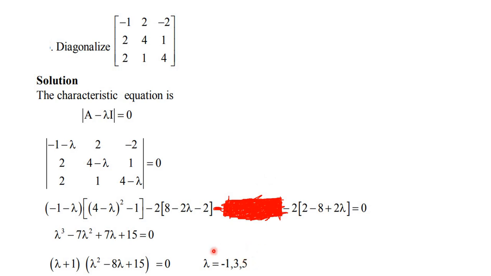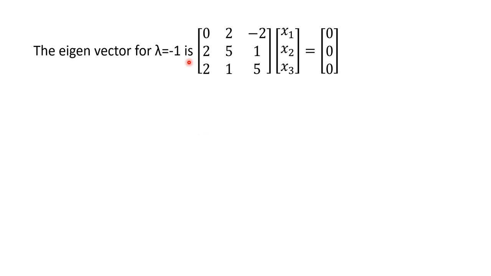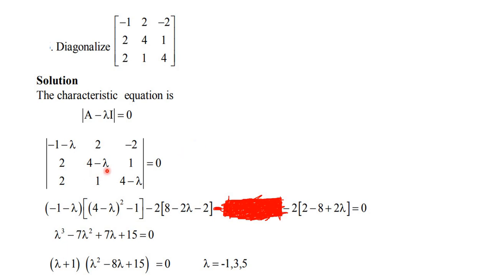So first we find the eigenvector for lambda equal to -1. For the eigenvector for lambda equal to -1, we substitute the value of lambda in this characteristic matrix. Substituting lambda equal to -1, in the first row we have -1 plus 1 is 0, 2, -2.